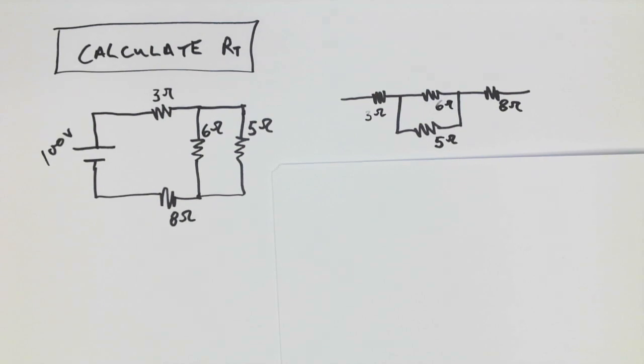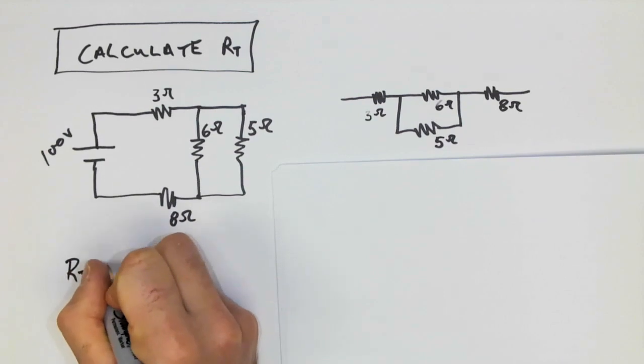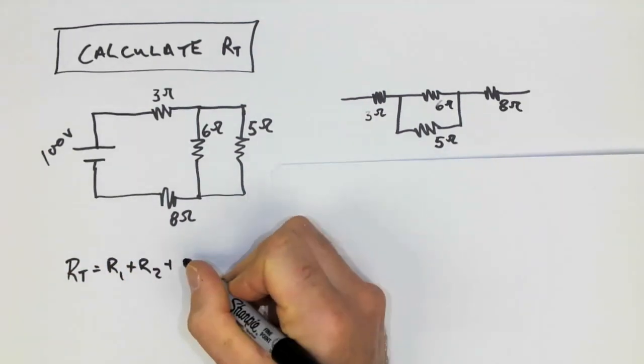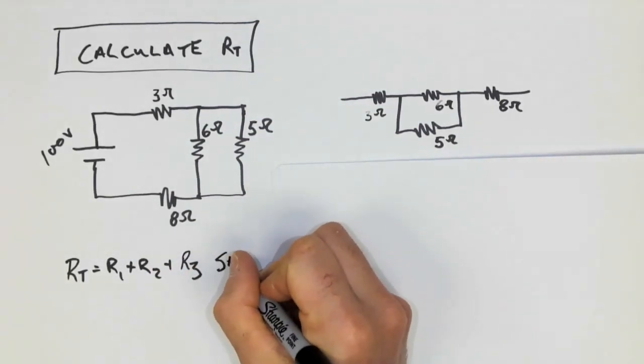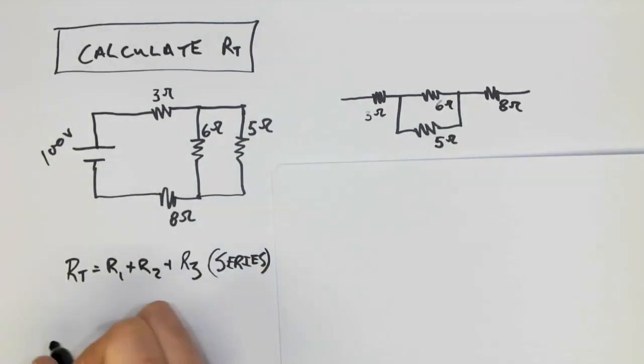Now, to calculate the total resistance of the circuit, what we have to do is apply our series and our parallel rules. So, series rule for R would be R total is equal to R1 plus R2 plus R3. That would be for series. Now, for parallel is a little different, right?